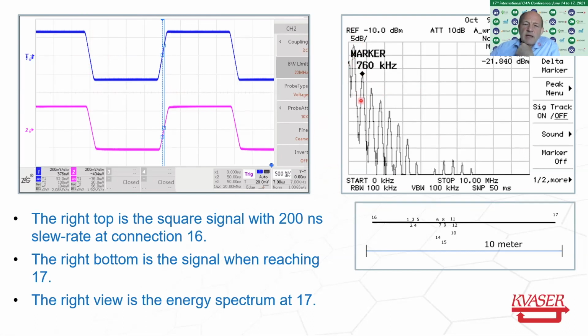And as you can see here in the energy, when we measure the energy at the end, you get the first spike here, but then the slew rate makes you need less high energy. And the energy you see up here is actually from the corners up here. So if you have a CAN driver that can reduce the corners here, you get rid of this high frequency energy as well.